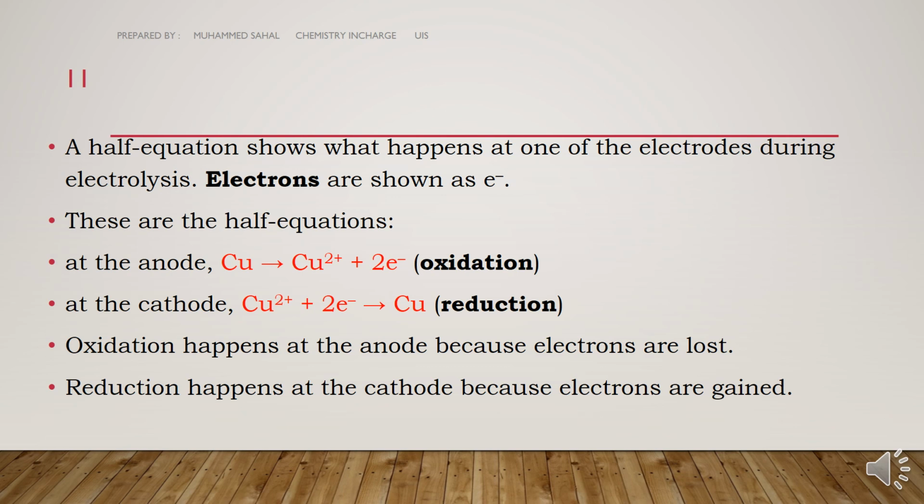The electrons released at the anode travel around the electrical circuit to the cathode. Then copper ions receive 2 electrons and become copper atoms.